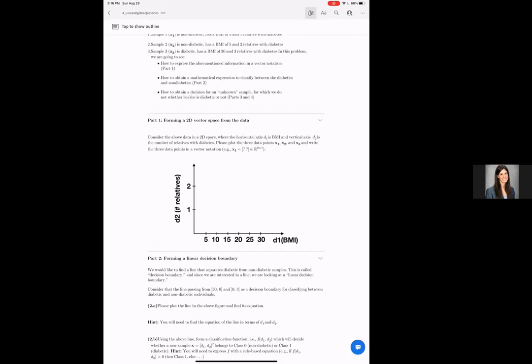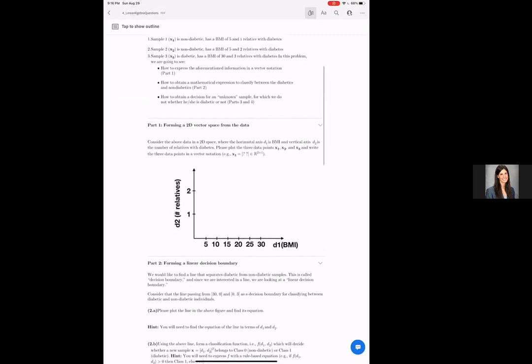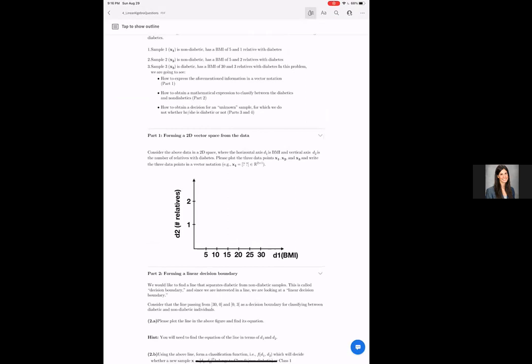The first part of this question asks us to plot the 3 data points, X1, X2, and X3, on this 2D representation and write those in a vector notation.